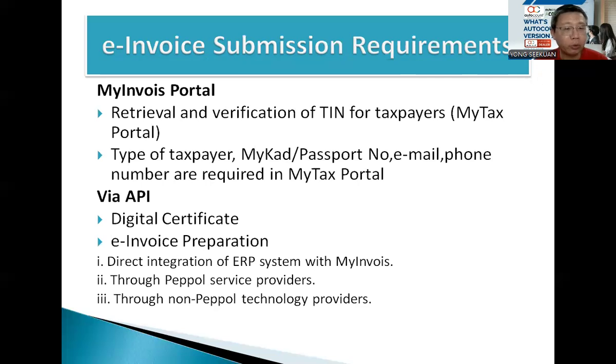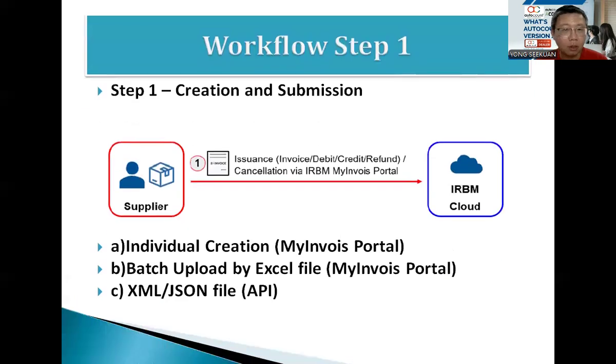So for example, now you're using AutoCount, AutoCount will use the API to integrate with the MyInvois portal, so you can automatically send your invoice to the MyInvois portal. So basically, accounting system, we were going to learn about the PayPal system. Later on, I will explain what the PayPal system is. So just now the workflow, we will go through several slides so that you have more understanding of this e-invoice workflow.